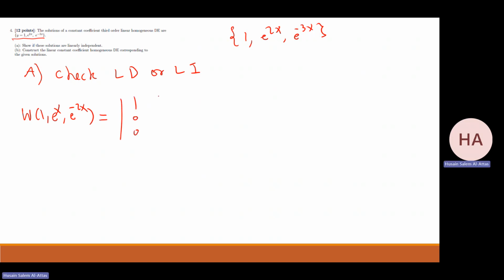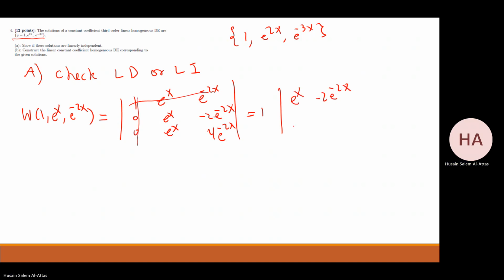You have 1, 0, 0, e to the 2x, 2e to the 2x, 4e to the 2x, e to the minus 3x, and so on. That will be what? 1, cancel this with this. I have e to the x. That gives me what? 4e to the minus x plus 2e to the minus x, which is 6e to the minus x, which is impossible to be 0. So they are linearly independent.